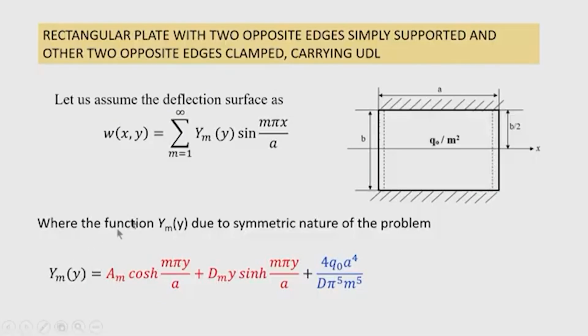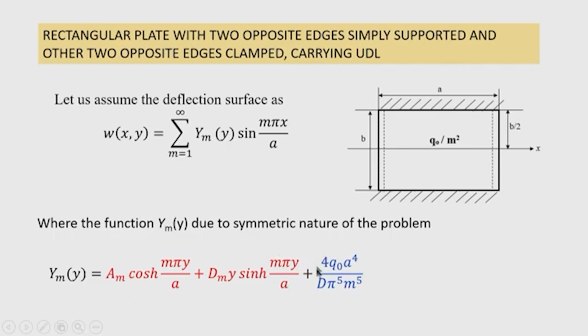So, now the solution can be written in this form for Y m of y, that is A m cos hyperbolic m pi y by a plus D m y sin h m pi y by a. You can see that the term written in red is a symmetric term specifying the homogeneous solution.